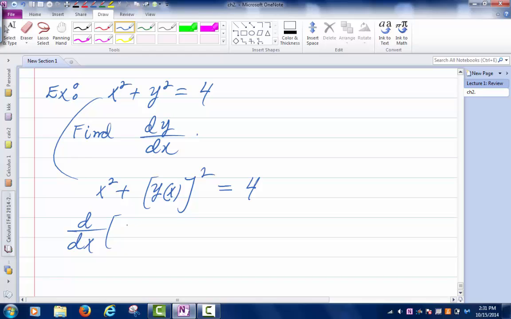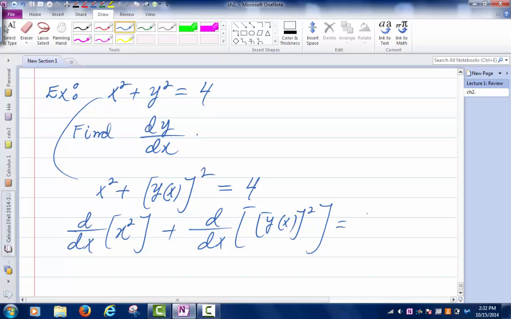So I can take the derivative of x squared, plus the derivative of the second term, which is y of x squared. And what's the derivative of 4?